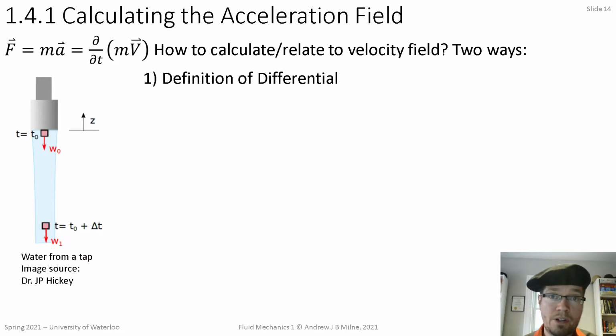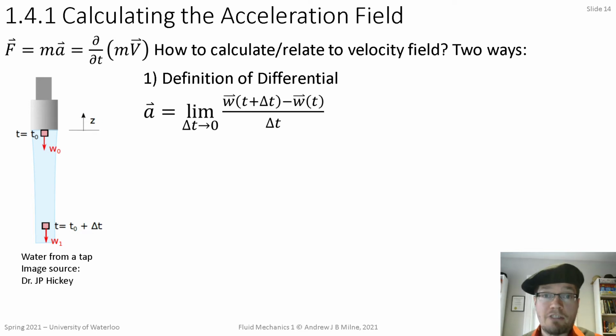The first way we can look at it is by the definition of a differential. Thinking back to Math 116, acceleration is the limit as delta t approaches 0 of the change in velocity, w at t plus delta t minus w at t, over the change in time, delta t. So it's the limit as that delta t shrinks and shrinks and shrinks.